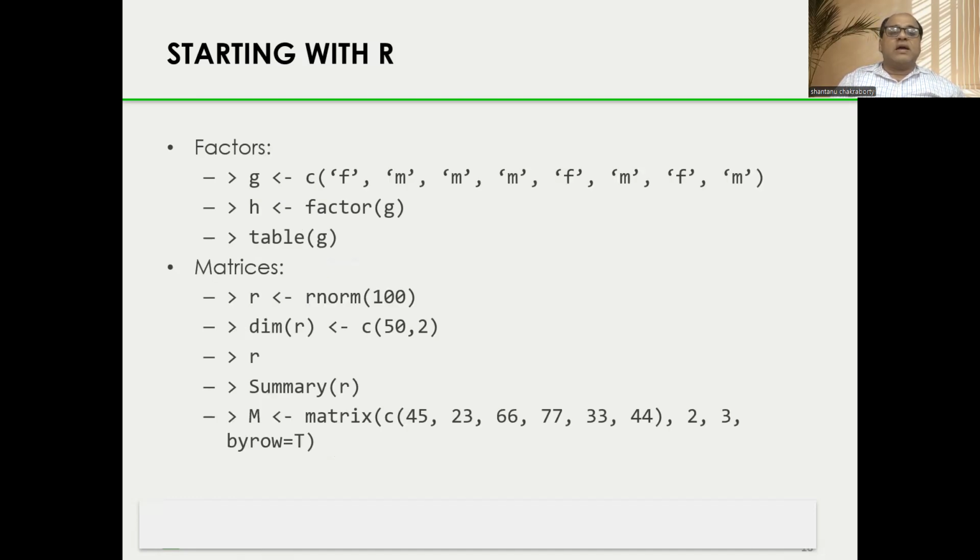We can use factors or matrices in R. The factors will provide the elements from the vector, and we can also get the dimension of a matrix that we are using, which is multidimensional, a combination of rows and columns. So we can see the summary or the dimension of a matrix.